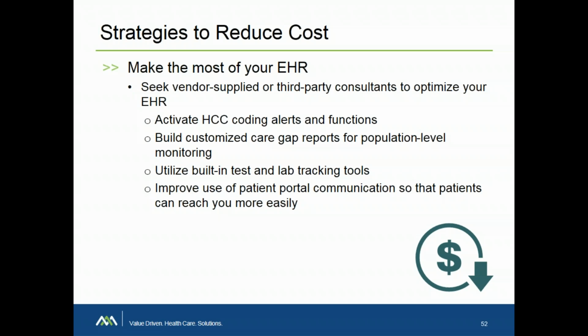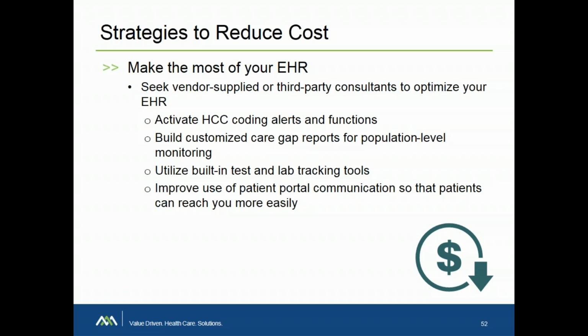But that next level is the optimization, where you can hire somebody either from the EHR vendor themselves or a third-party consultant to come in and help you customize some reports to identify patients that need a higher level of care. Utilize the built-in test tracking and lab tracking. Are you using all of the functionalities?